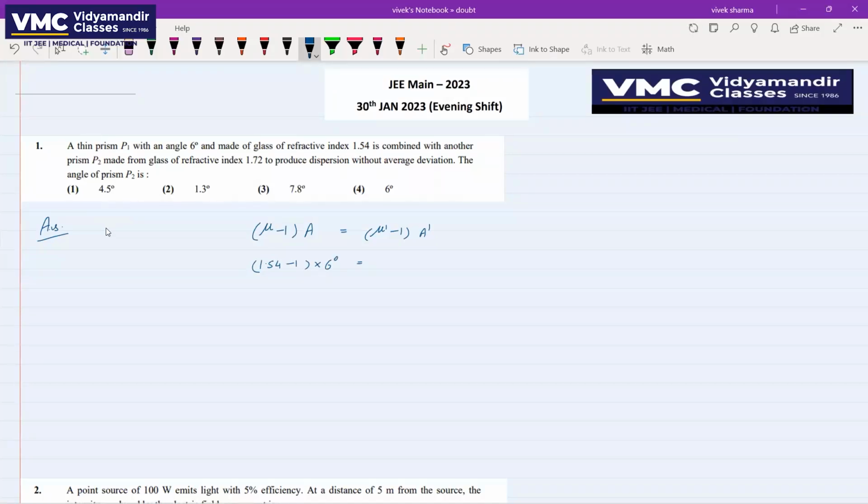For the second prism, refractive index is 1.72 minus 1 and we need to find the angle of prism A dash. So by solving it we will find the angle of the second prism, and that is equal to 4.5 degree. So the correct answer will be 1.